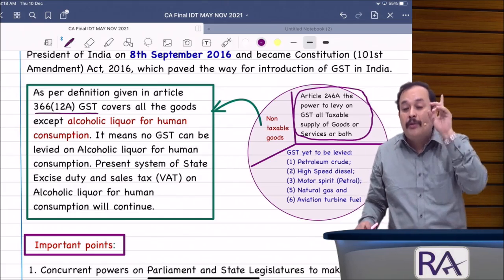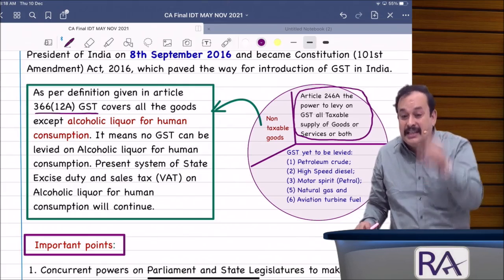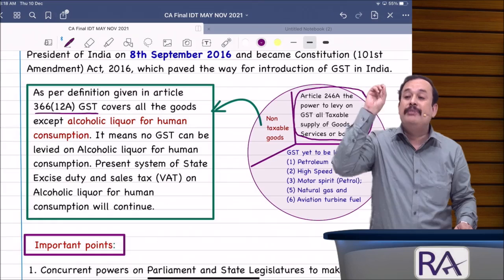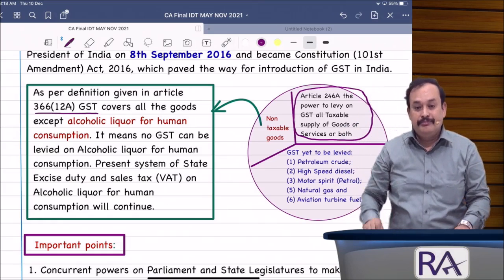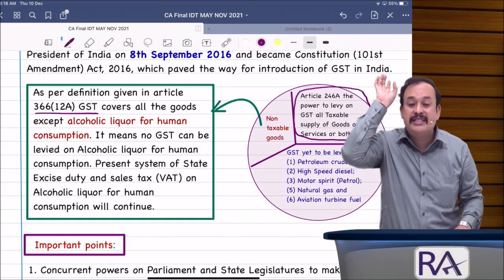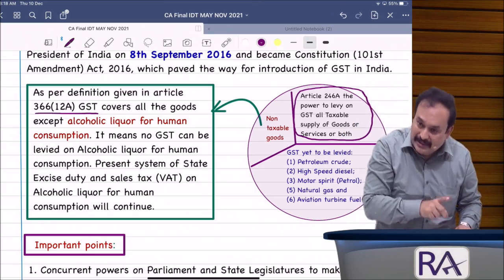If the Government of India wants to levy the GST on liquor meant for human consumption, there must be a constitutional amendment. Unless there is a constitutional amendment, levy of GST on sale of liquor meant for human consumption is not possible.